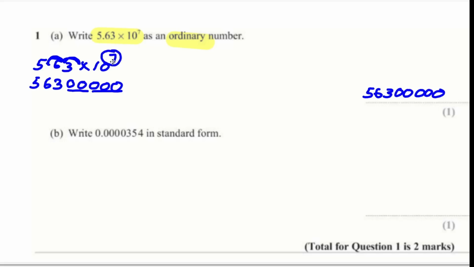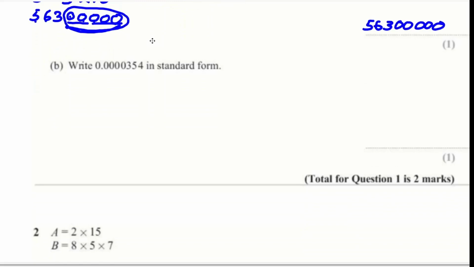I need to add those zeros here, 1, 2, 3, 4, 5. Then my number would be 56,300,000. That's how we do it. If the power is very small, straight away use the calculator.